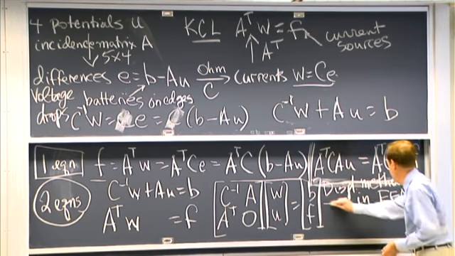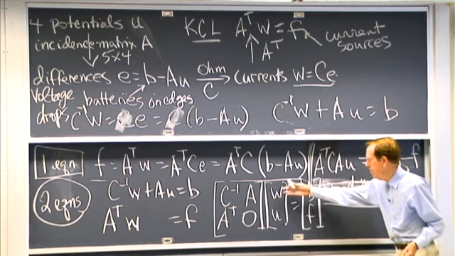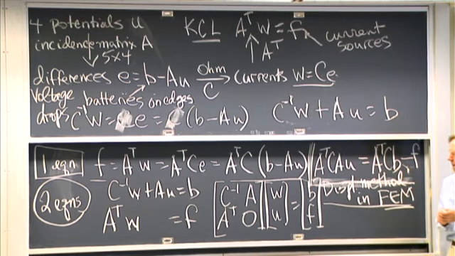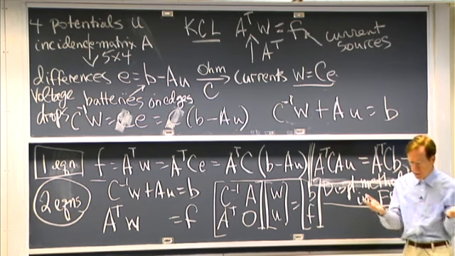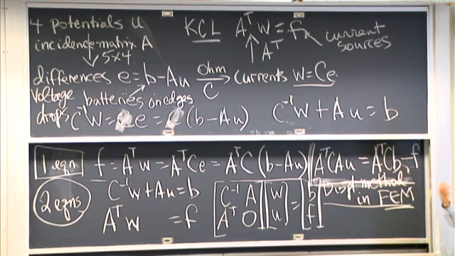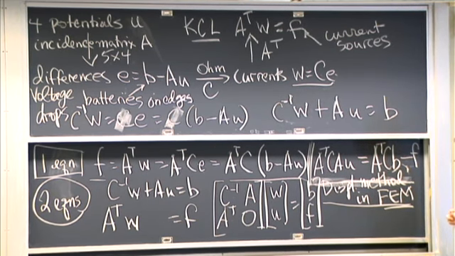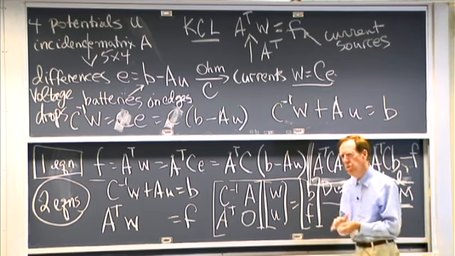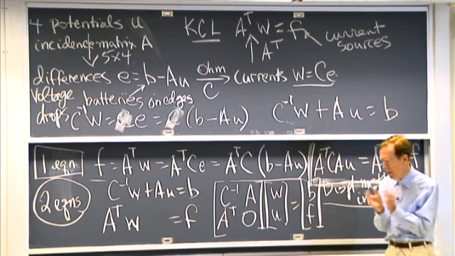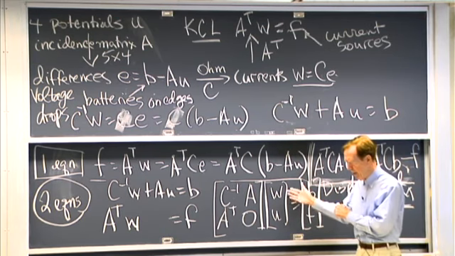I just want to say, what if I keep W and U? This is an important possibility. And it's important in finite elements, which, as you know, is just a terrific way to solve a whole lot of continuum problems. And what's it called when I have W and U together, both unknowns, not eliminating W now?